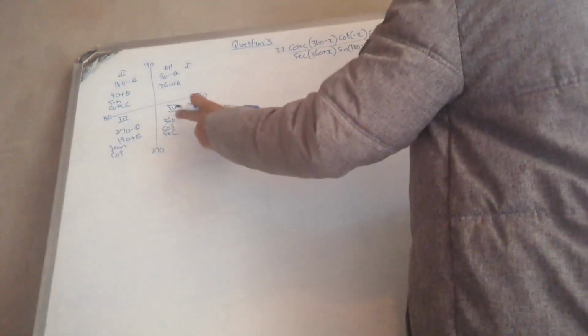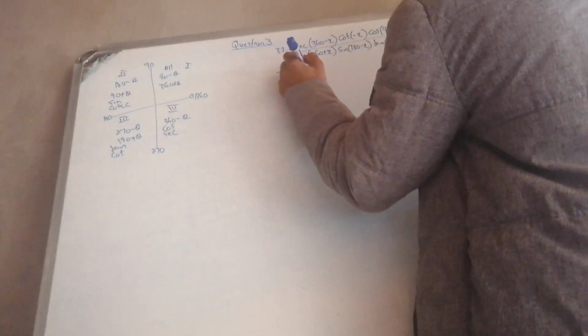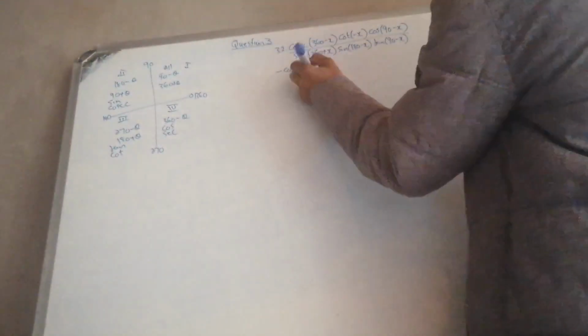And then when we are done with that, let's look into this one. So cosec, 360 minus, it's in the fourth quadrant. Cosec is negative in this quadrant, so this would be negative cosec x. I will assume that you understand this from grade 10, 11 and 12. Multiply cot.